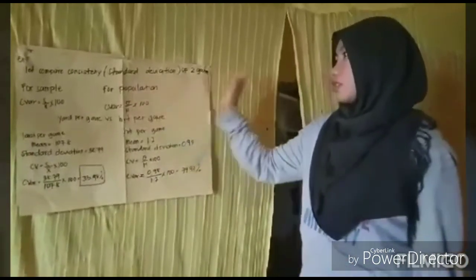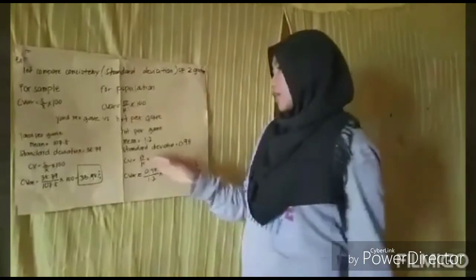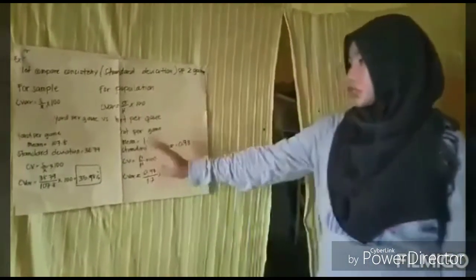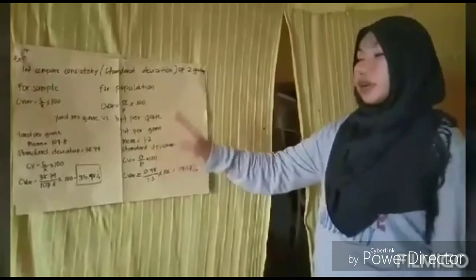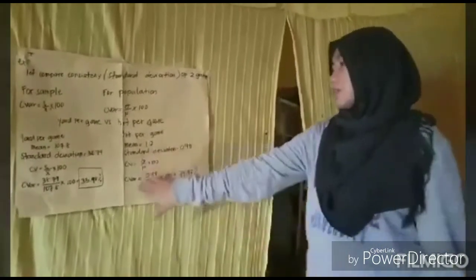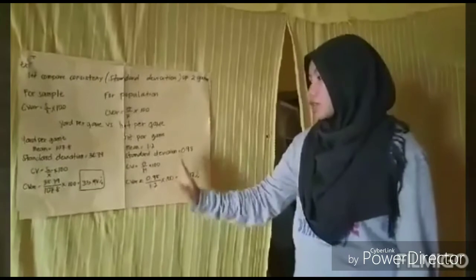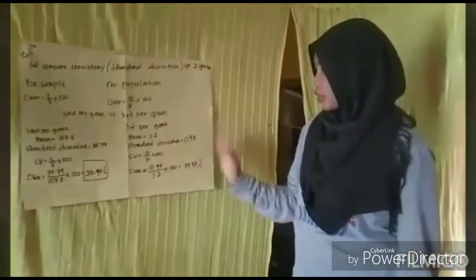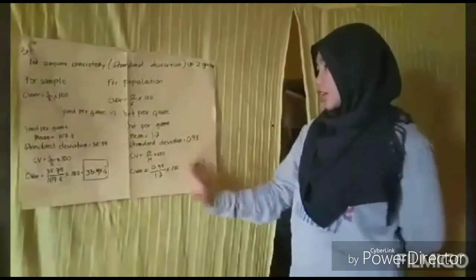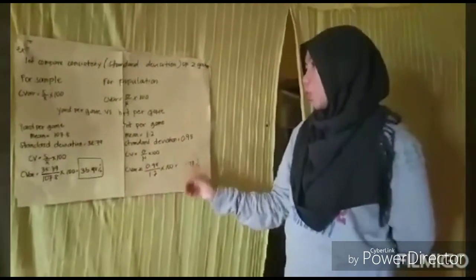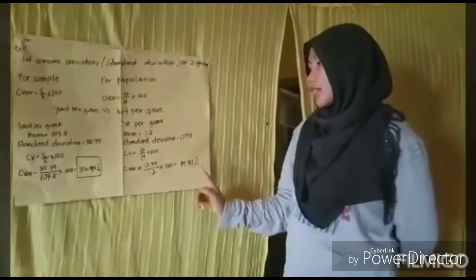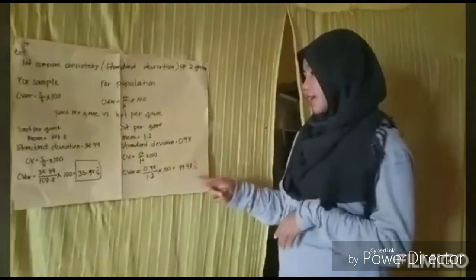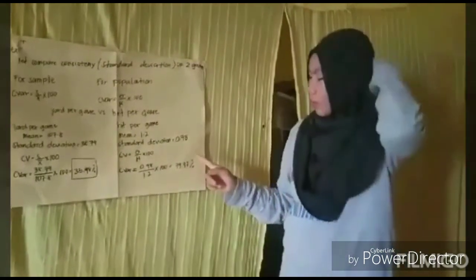Let's use the population formula. CV is equal to the standard deviation over the mean times 100. CV is equal to 0.98, the standard deviation, divided by 1.2, the mean, times 100, is equal to 79.97%.